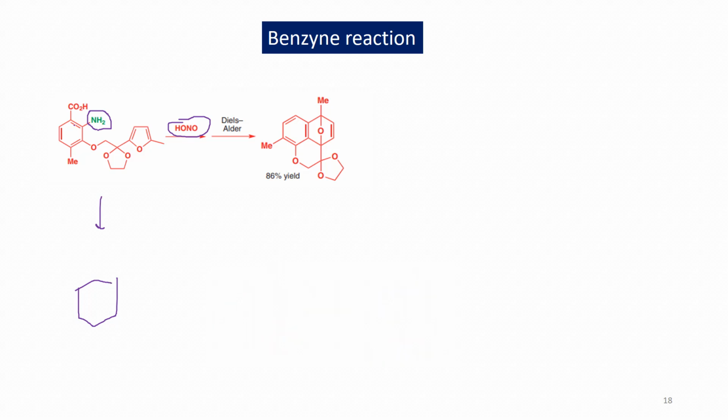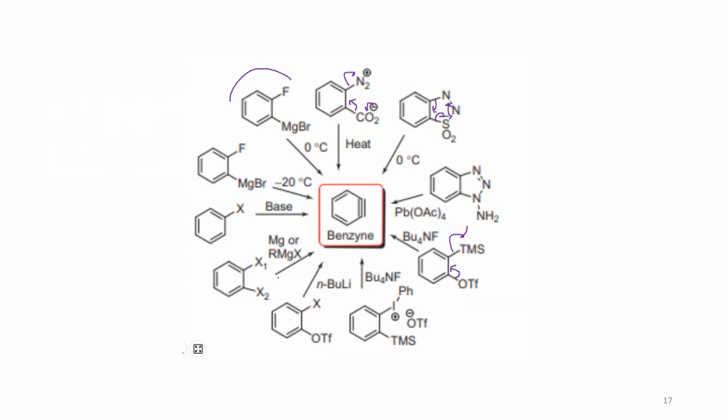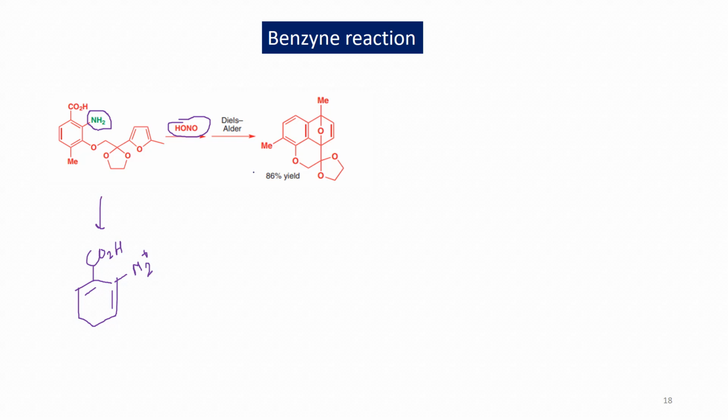So it will form this. Now here you can see a diazo compound with a carboxylic acid adjacent to it forms a benzyne. So here a similar type of reaction will take place.